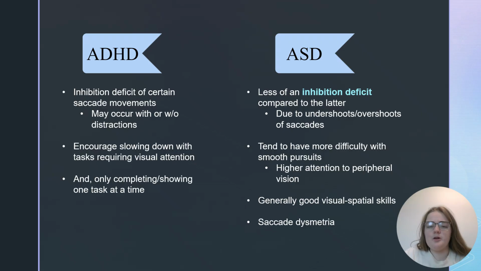So, for example, they may be expected to look at a certain word during a reading text, or they have to read the instructions before completing an assignment, but it's taking them extra time to do so because their saccades are jumping to undesired targets. And those intrusive saccades occur regardless of distractors being present or not.